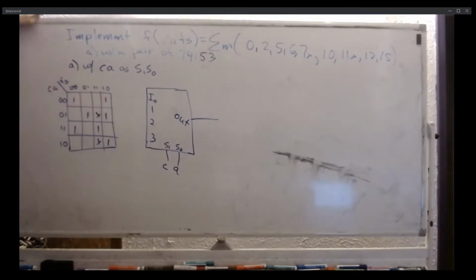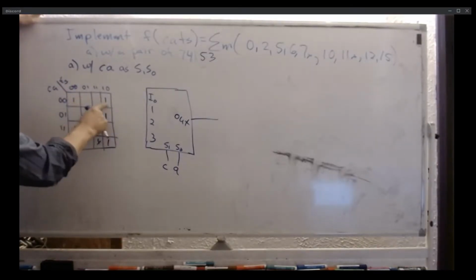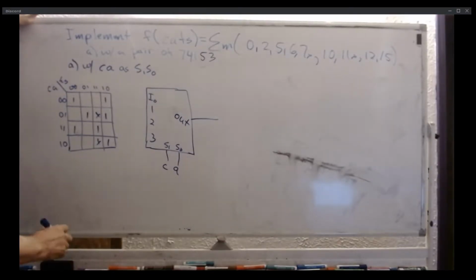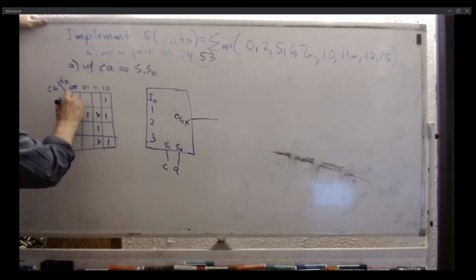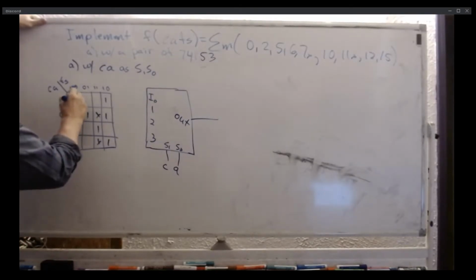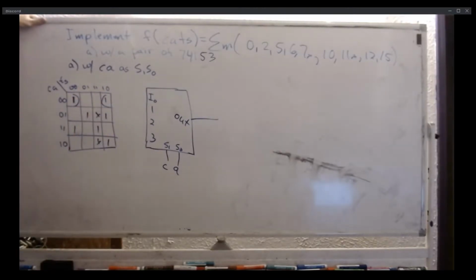Top row, right? So we want I0 to be on wherever there's a 1 in the top row. Well, that would be S naught. That's what I get, an S naught out of this, and that would be just simply by doing this. That's the grouping.